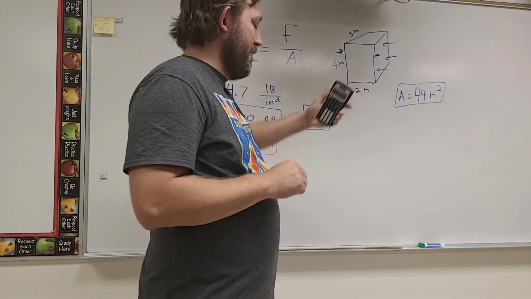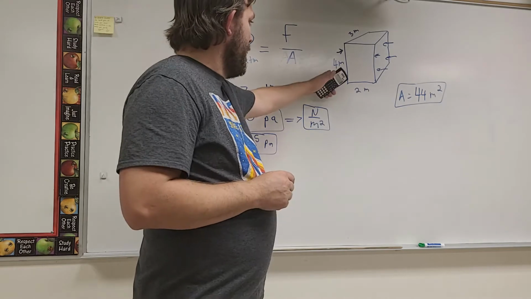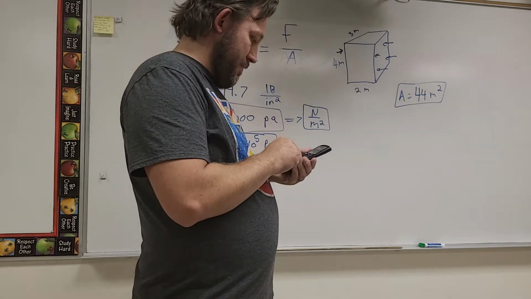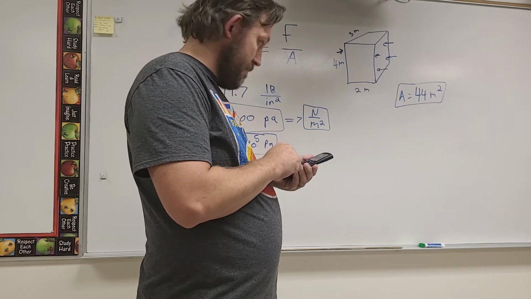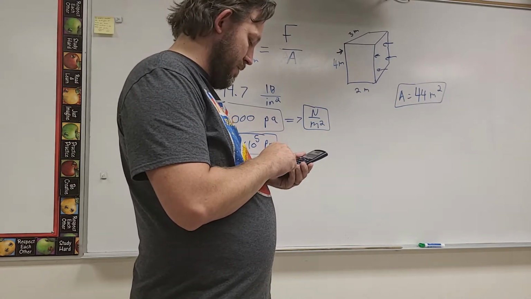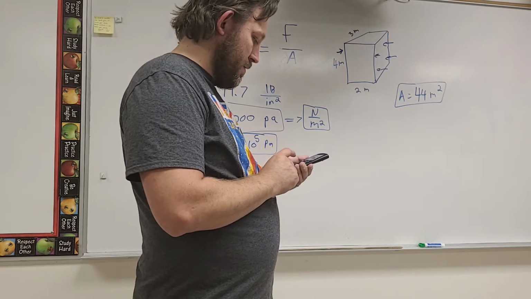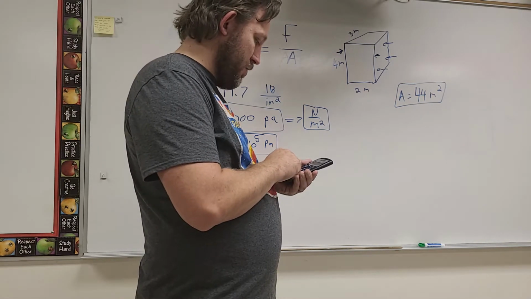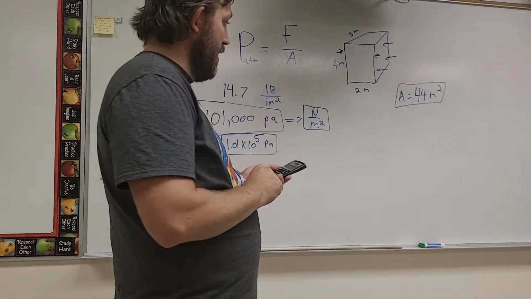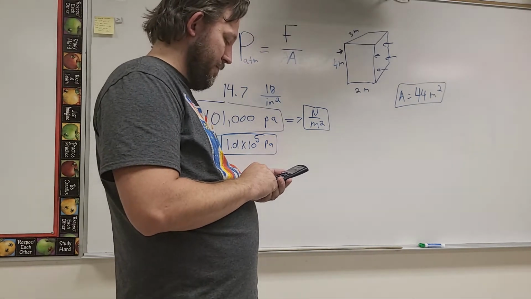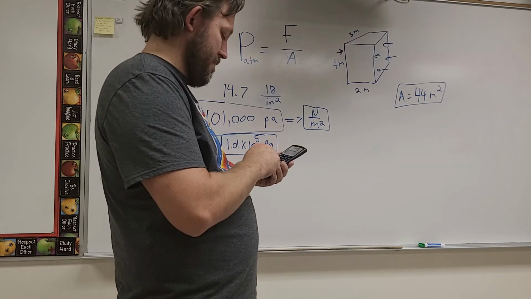So I'm going to convert this into feet. 4 times 3.28 times 2 times 3.28 times 12, because they both need to be in inches, times 1, 2, 3, 4.